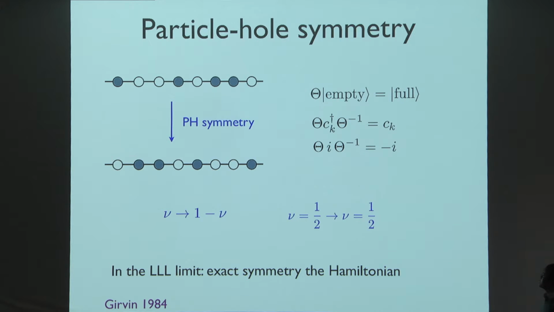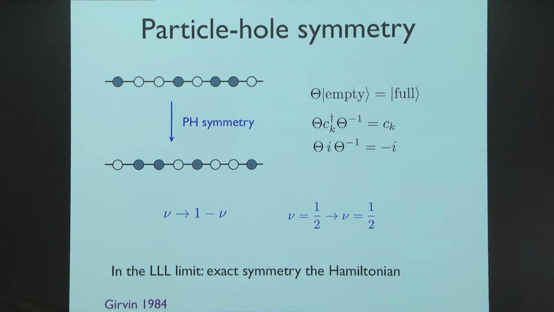Obviously, the filling fraction nu maps to 1 minus nu in this case, since we exchanged the notion of particles and holes. In particular, a half-filled Landau level maps to, again, the filling fraction nu equal 1/2.